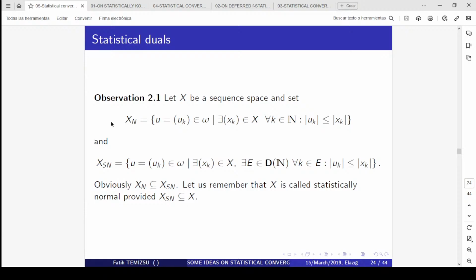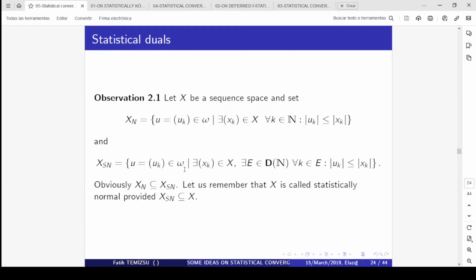If X is a sequence space, and X_N is a subset of all sequences in the usual sense, consisting of sequences u such that there exist some sequences x in X satisfying uk is less than or equal to xk for all k's. Here we point out the statistical sense of the definition.